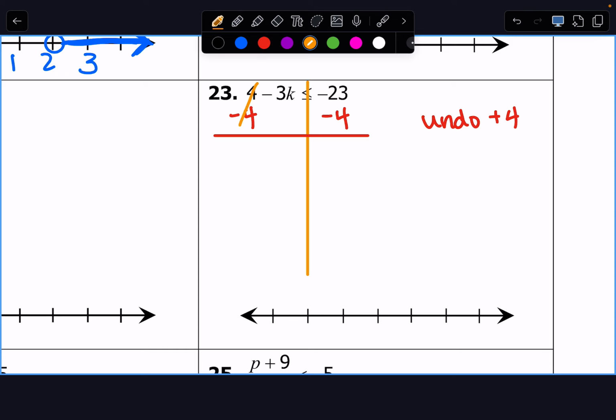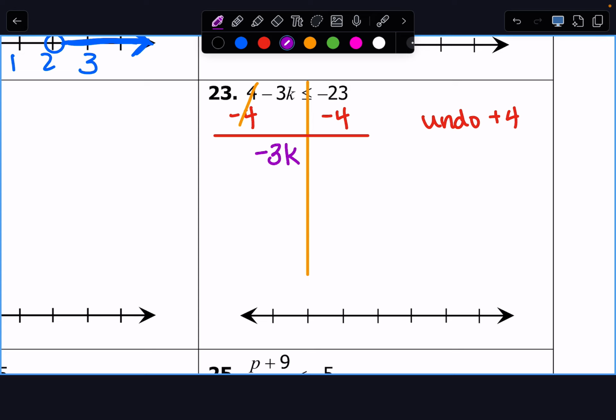Here's something else that some of us overlooked, some of us did not. Is this minus with the 4 or the 3? It's with the 3. So this 4 goes away, but that minus is still with the 3. So it's a negative 3k.